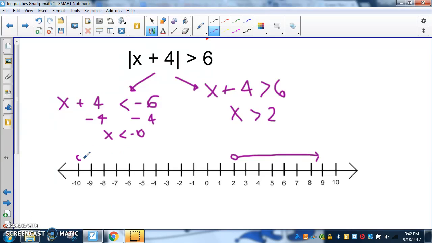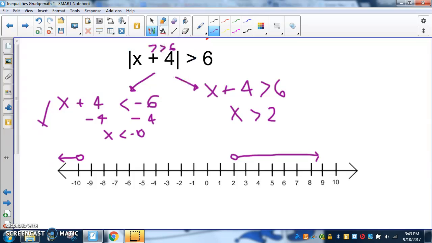And again, you can test this if you think about it. Pick a number that's less than negative 10, like negative 11. See if it works. Negative 11 plus 4 is actually negative 7. The absolute value of negative 7 is 7. And yes, 7 is greater than 6. So I know that I'm right.